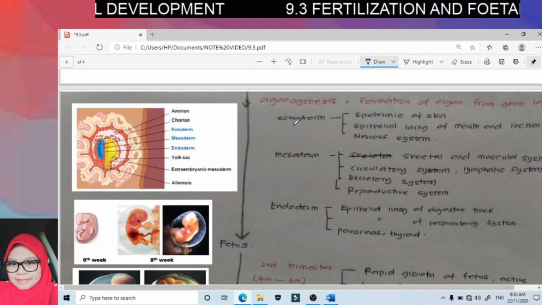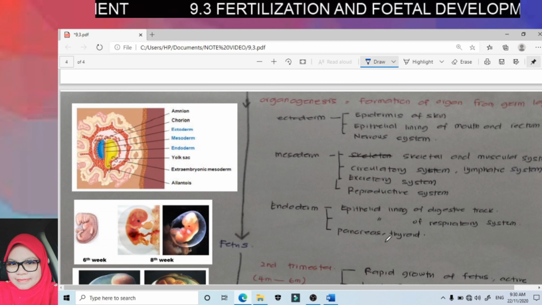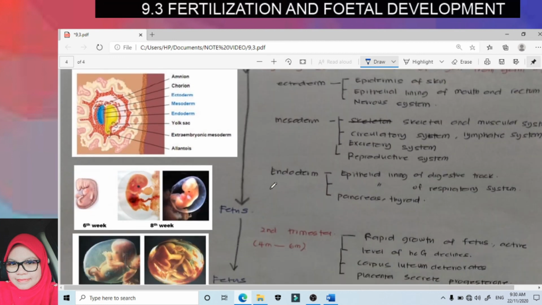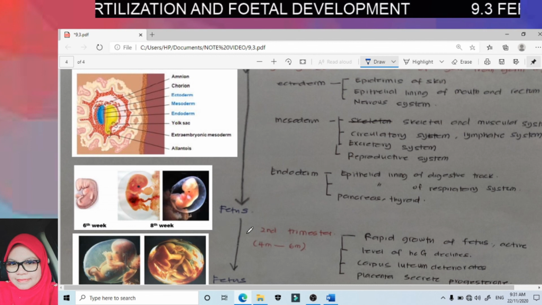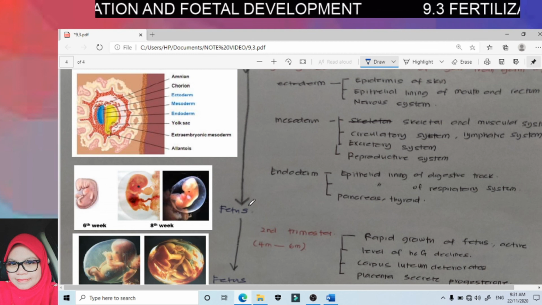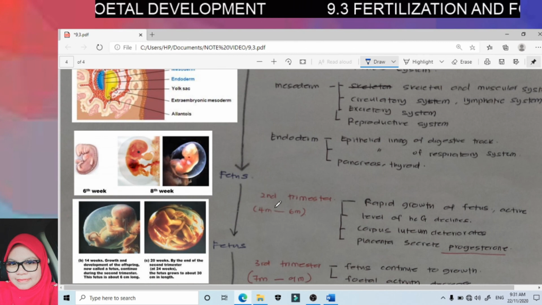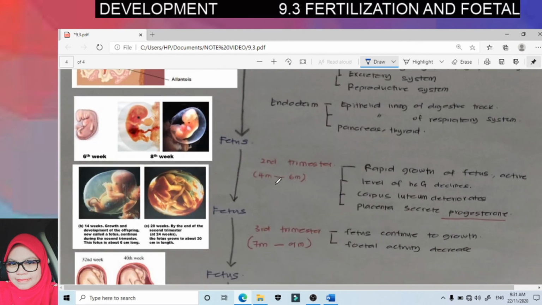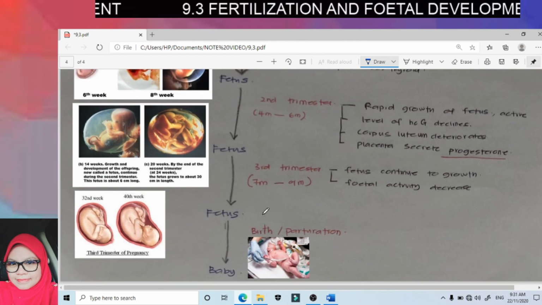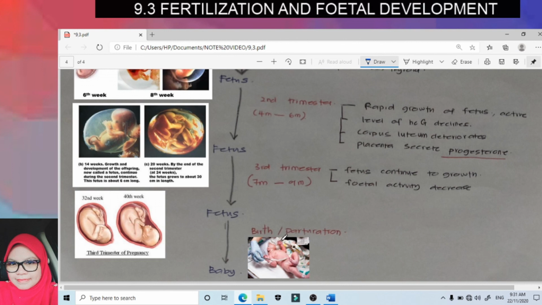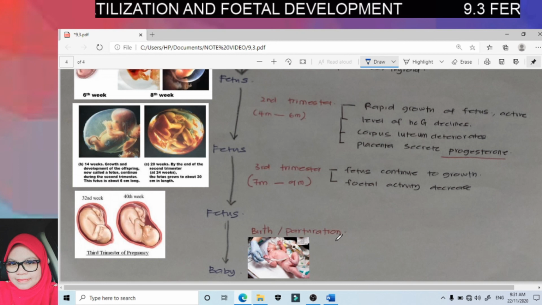So ectoderm, mesoderm, endoderm will develop to form organs and organ systems. And after they have organ systems, we do not call it an embryo, now we call it a fetus. And then the fetus will continue to develop from the second trimester, third trimester of pregnancy until it is delivered during a process called birth or parturition.